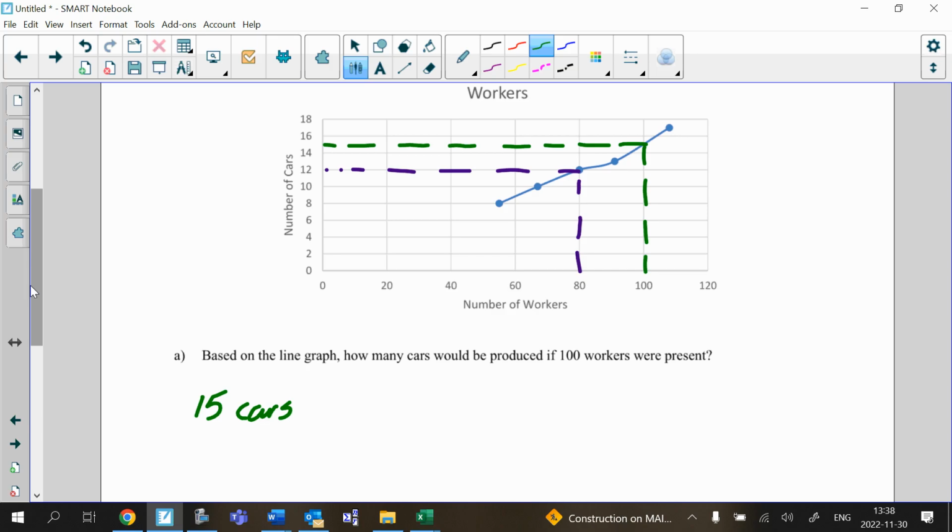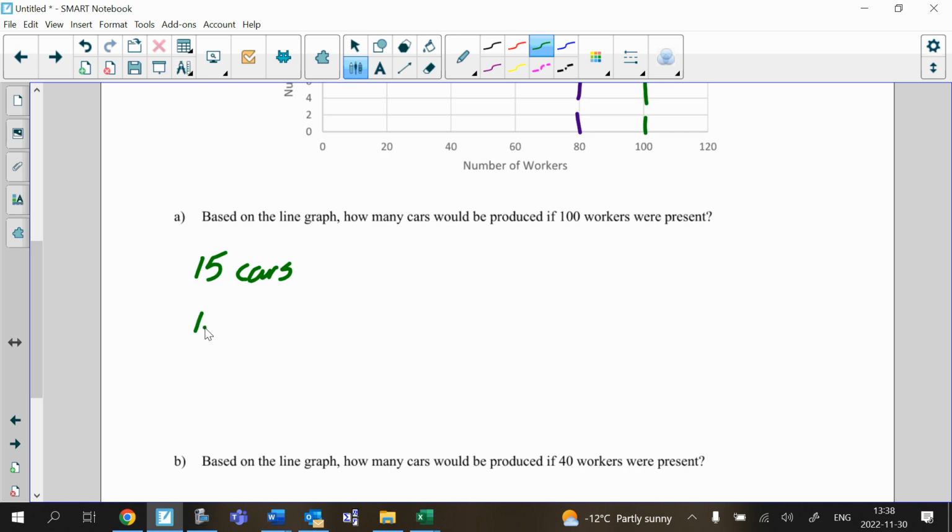That's something else. Okay, so this is referred to as interpolation. Interpolation: estimating values within the range of data given.